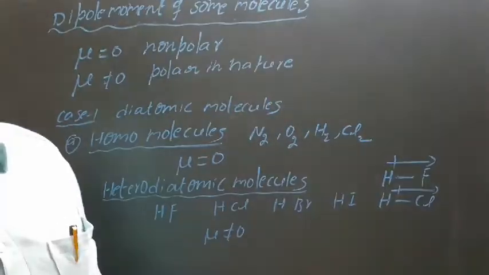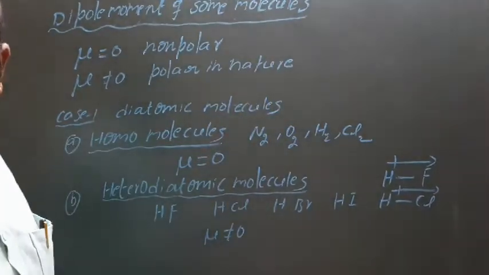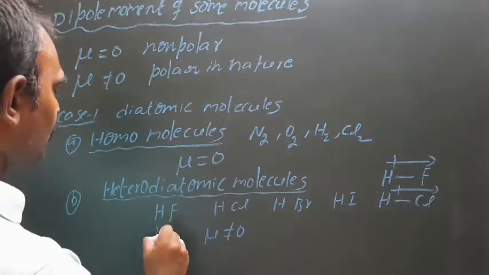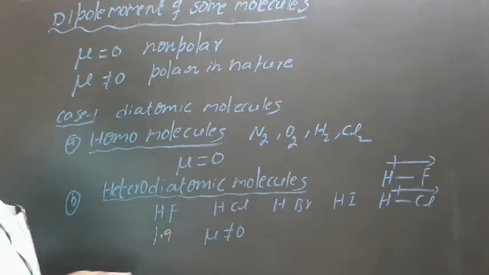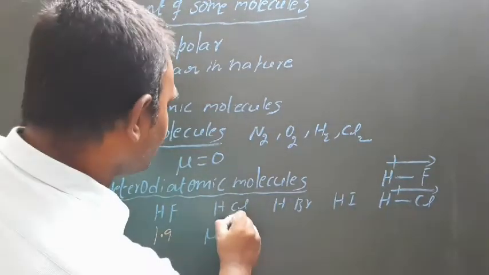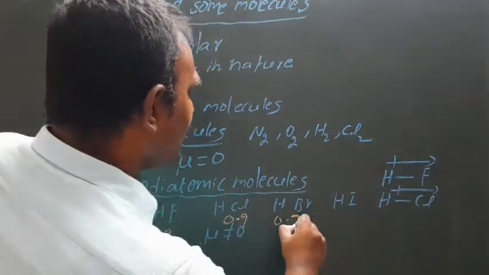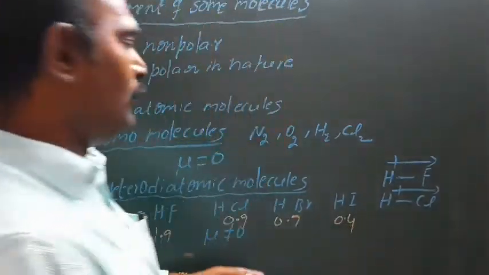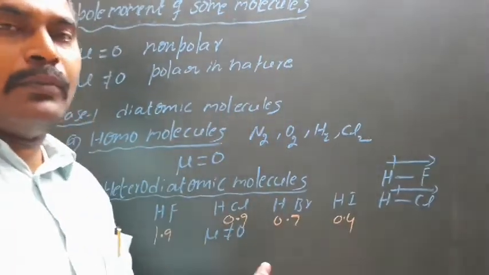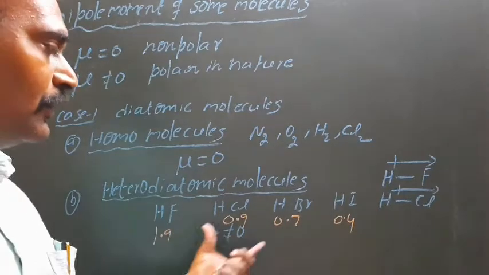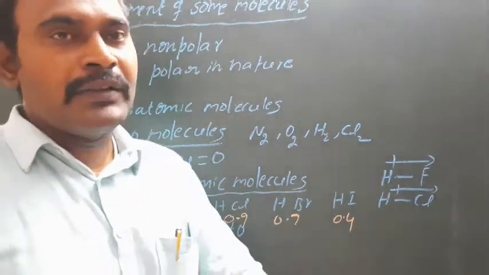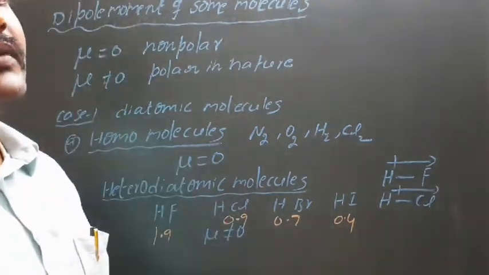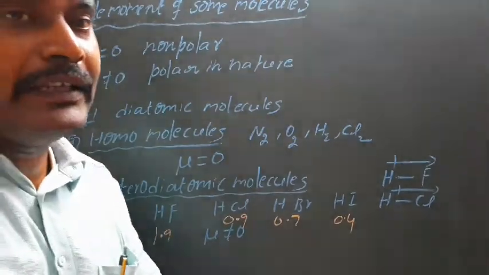Now coming to the values, see here. The dipole moment of hydrogen chloride is approximately 1.9. In this case 0.9, 0.7, and in the case of hydrogen iodide 0.4. So the dipole moment depends upon the electronegativity difference. A larger electronegativity difference means more charge separation in a molecule.